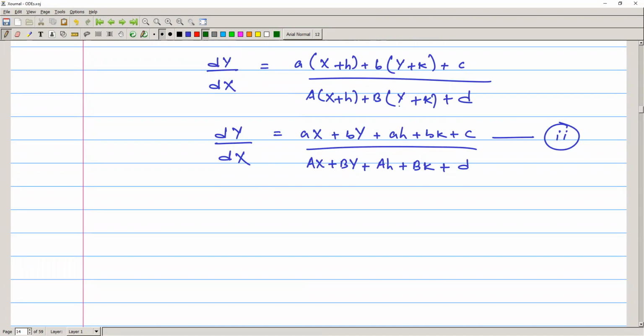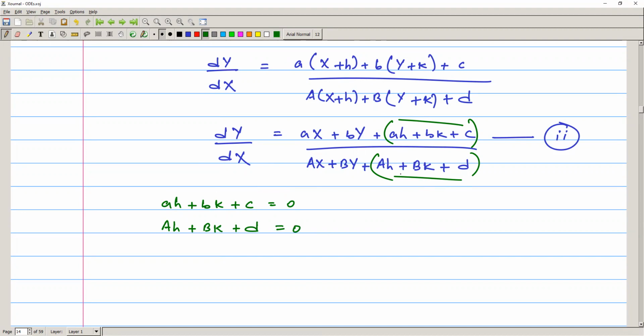Now what we have to do here is use these constants. We can see here that if we eliminate these two values, then we will be left with (aX plus bY) over (aX plus bY), which is a homogeneous equation. So now we can equate these constants with 0, from the numerator and from the denominator, right?